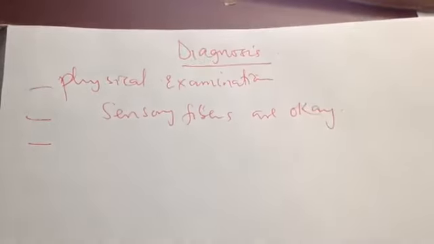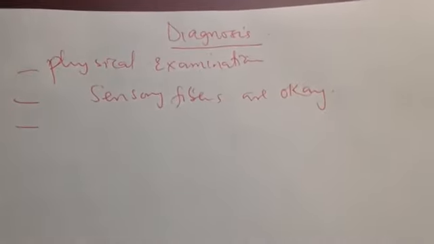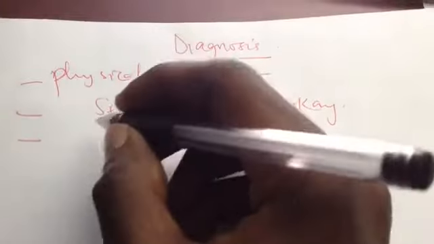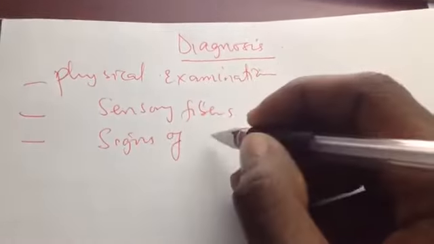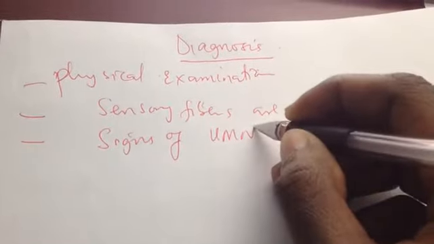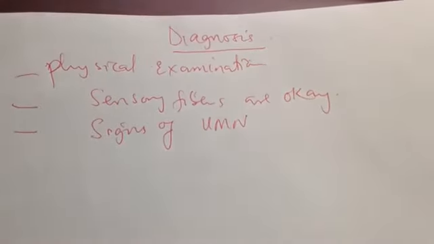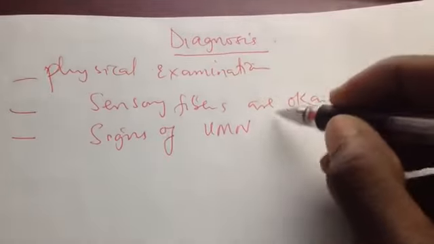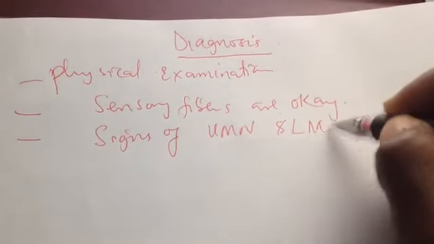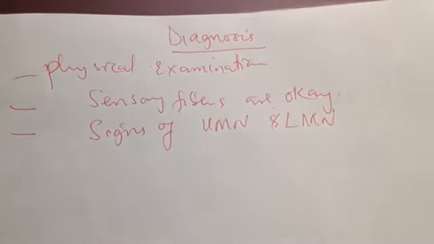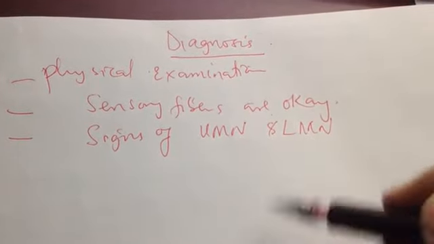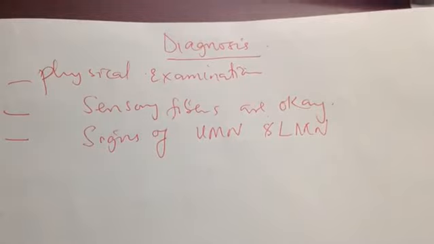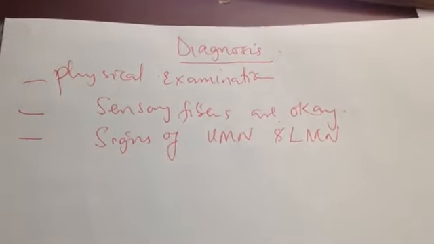But there will be signs of what? Lower motor neuron and upper motor neuron damage. As I have already mentioned, signs of upper motor neuron damage, for example, stiffness. And also lower motor neuron damage in the same muscle groups, for example, fasciculation, atrophy, that is muscle wasting, right? And then weakness. So that is it.